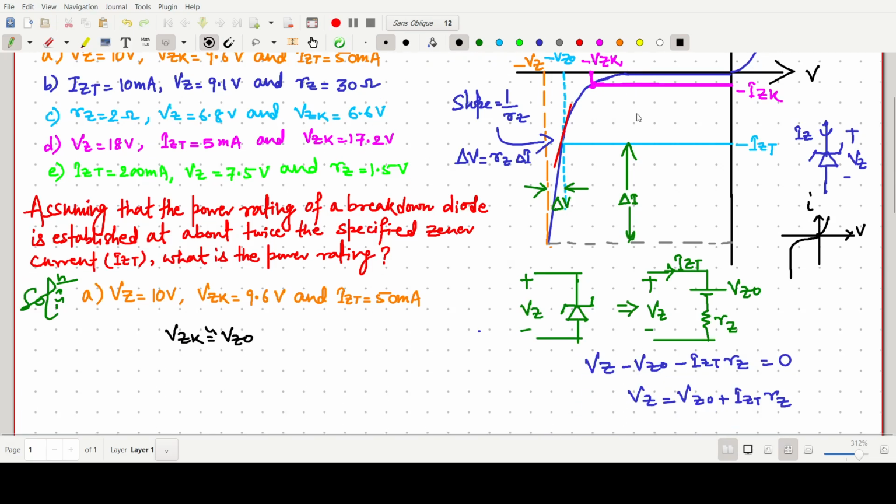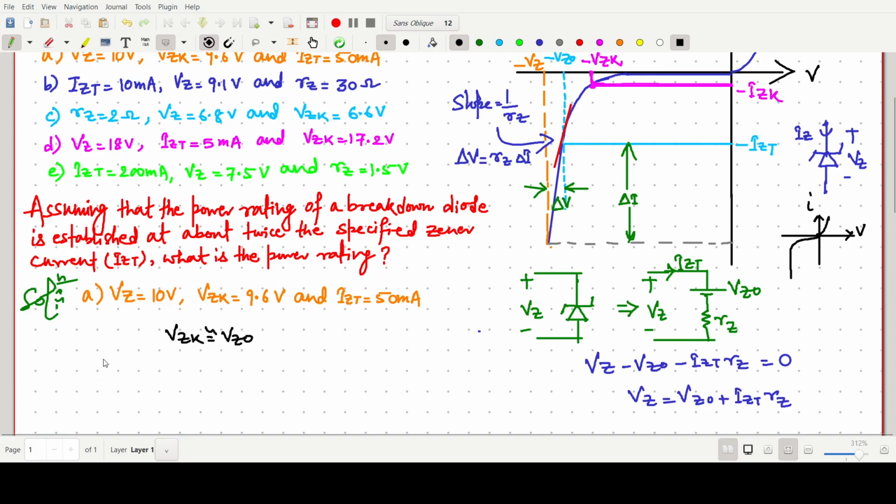And this RZ is the dynamic resistance or incremental resistance, and if this RZ value is low enough, this VZ will approach VZ naught and it will be better for the voltage regulator. In some separate video I will discuss this diagram in more detail. So now VZK is somehow equal to VZ naught, so we have to go for this equivalent model.